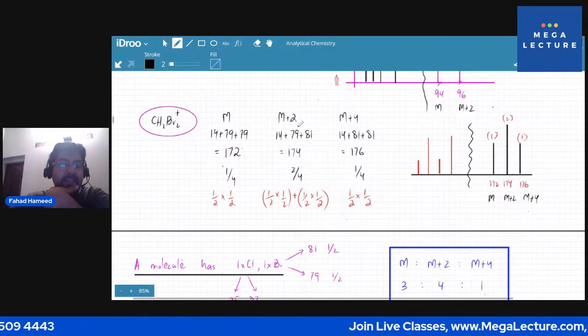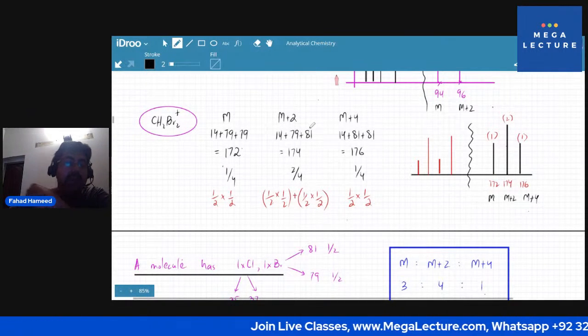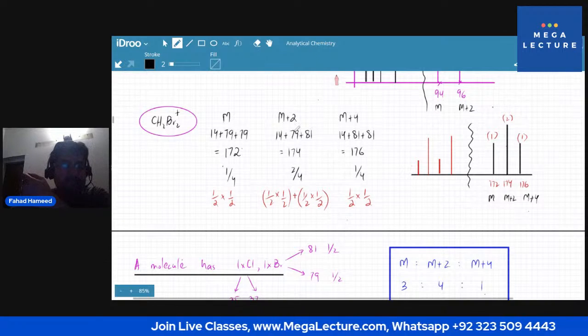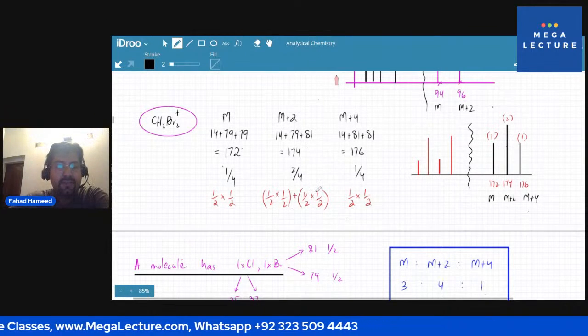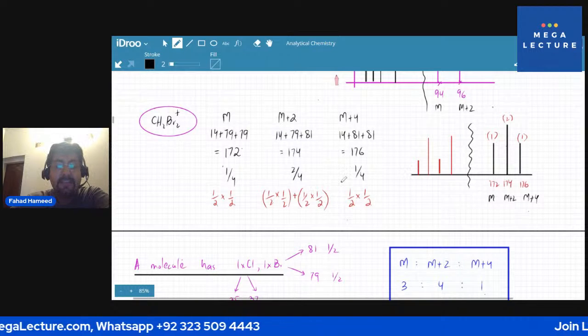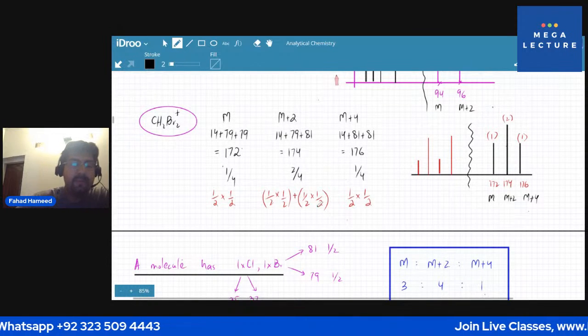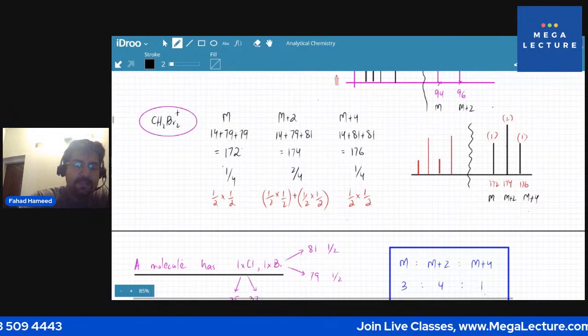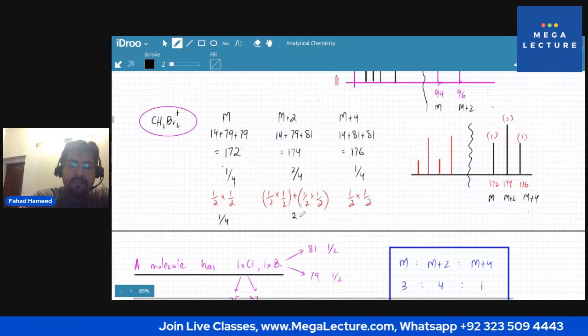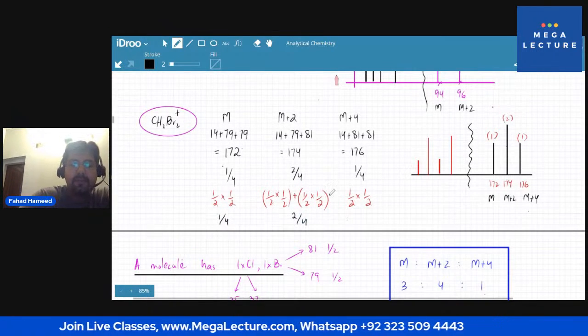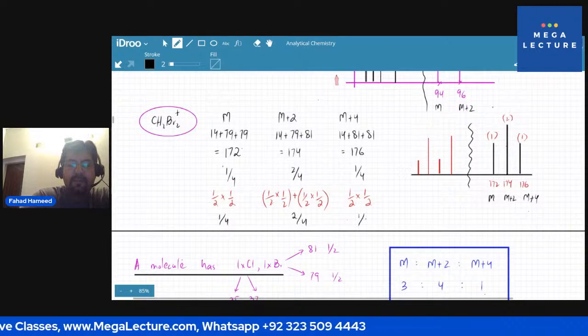So it's going to be 1 by 2 into 1 by 2, or the first one could be 81 and the second one could be 79. That would also give you 174. So the 2 probabilities are going to get added up, and if I sum this up, this comes out to be 1 by 4. And this one comes out to be 2 by 4. And this one comes out to be 1 by 4.